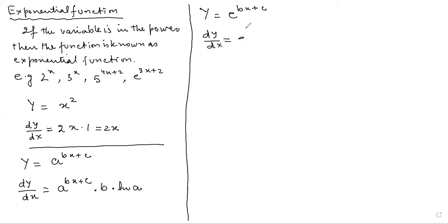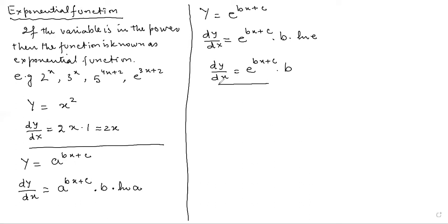Now we will write this one as it is, multiply with the derivative of the power, multiply with the ln of the base. As we know that ln e is 1, the final answer is: write down the exponential function as it is, multiply with the derivative of the power. This is the final answer to the differentiation of e power bx plus c.